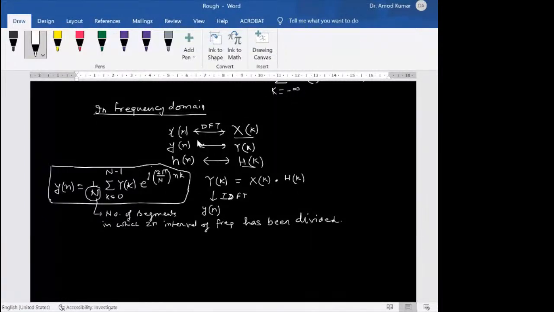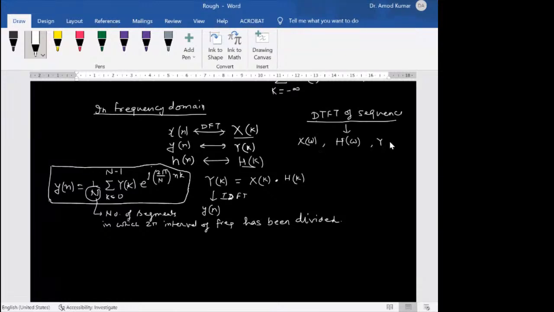If this is the situation which you have seen, this is regarding the DFT. However, if I take the DTFT, discrete time Fourier transform of a sequence, then that is denoted by things like H omega or X omega or Y omega.